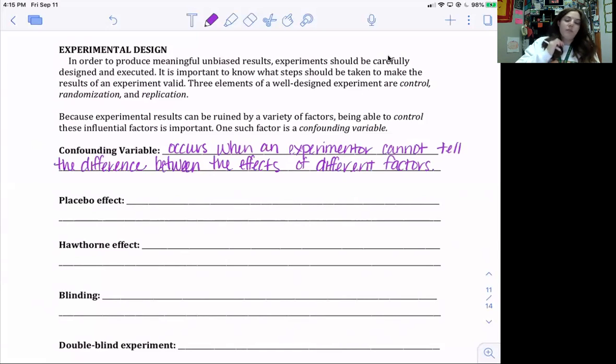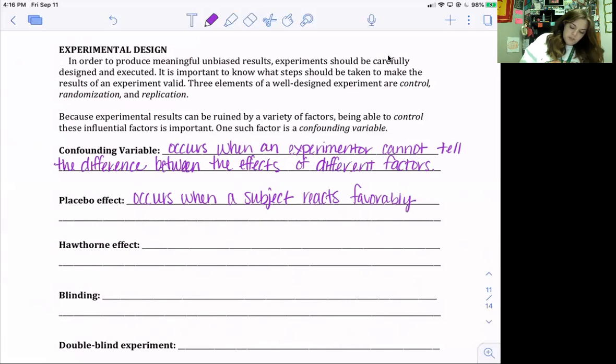The placebo effect occurs when a subject reacts favorably to a placebo.